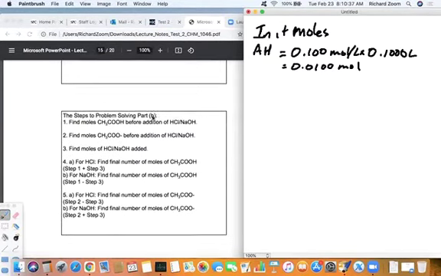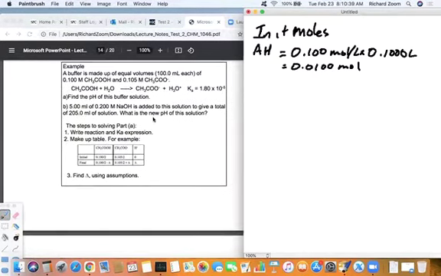Now going back to the problem here, I'll show you where we get the numbers from. The buffer is made up of equal volumes, 100.0 mL of each, of 0.100 molar AH and 0.105 molar A minus. Anybody got any questions?